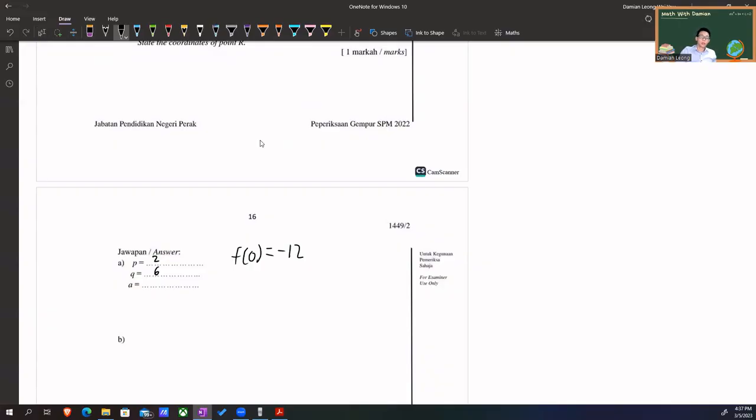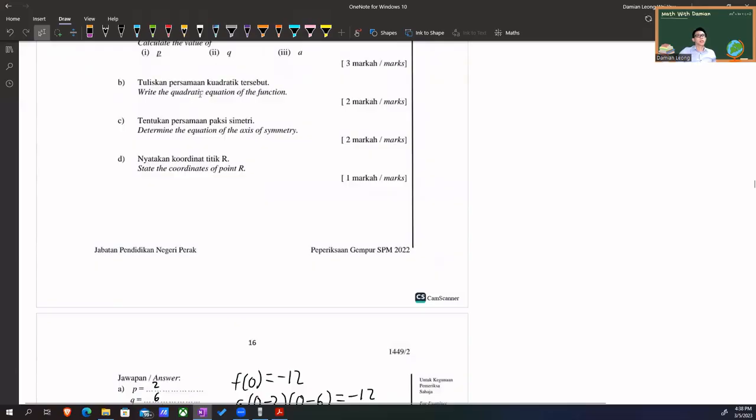So if I put f(0), a times (0 minus 2)(0 minus 6) equals -12. Times in will be 12. 12a is -12, means a is -12 divided by 12, -1. So a is -1.